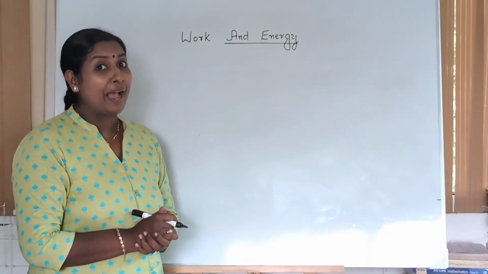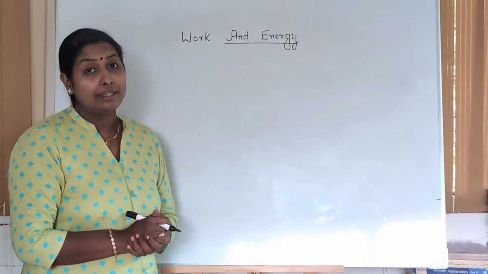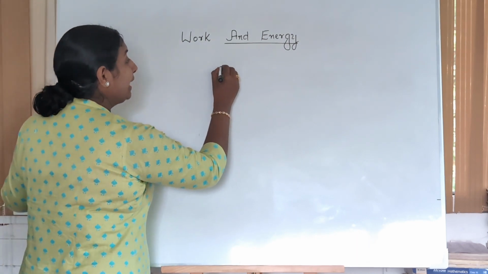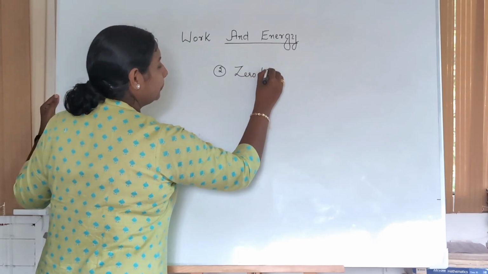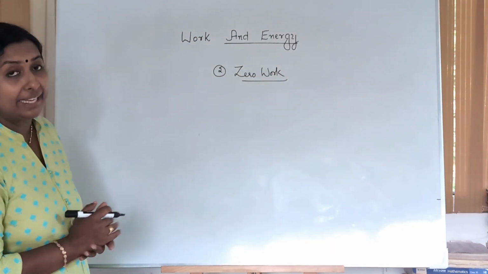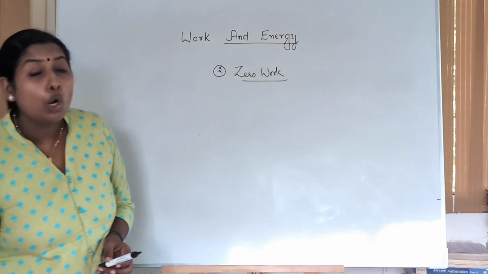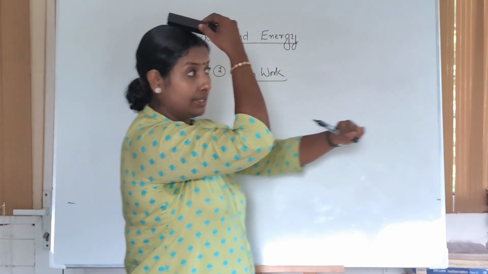Let us now go to the second category of work, that is zero work. We have already studied positive work. The second category is zero work. Let us consider the examples of zero work. A person is holding a load on his head and he is moving in this direction.